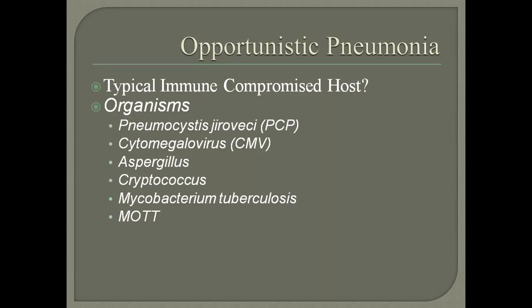Aspergillus and cryptococcal are actually fungal infections. Mycobacterium tuberculosis, we've heard of that because of TB. So the patients that wind up getting these opportunistic pneumonias are, as I mentioned, HIV patients, patients receiving chemotherapy, patients maybe with bone cancer where they're not producing adequate white blood cells, or those patients with leukemia.